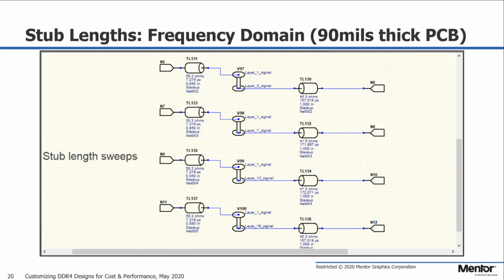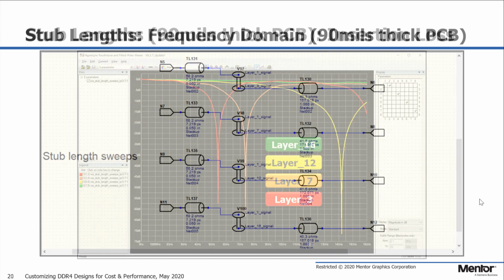Now let's take a look at the effects of via stub lengths on a 90 mils thick PCB. This schematic shows the same through-hole via transitioning to different layers deeper into the stack-up, causing different stub lengths. For example, routing on layer 3 is going to create a longer stub compared to routing on layer 12.